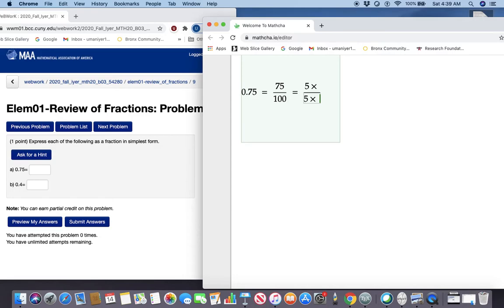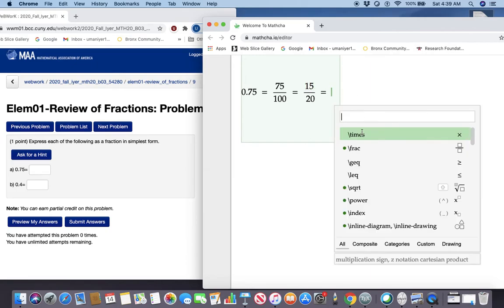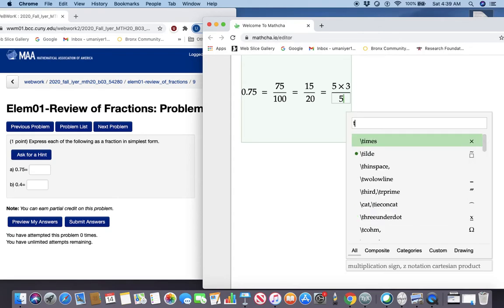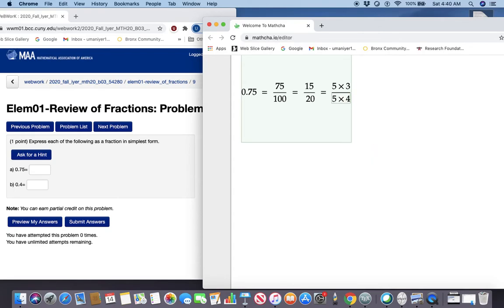All right. 5 goes in 100 how many times? 20. 5 goes in 75 how many times? 15. So fantastic. So 5 is a common factor. It cancels. All right. I can notice 5 goes in both again. 5 goes in 15 3 times. 5 goes in 20 4 times.